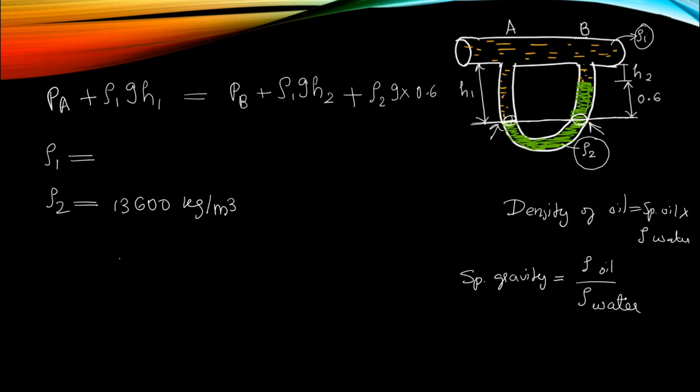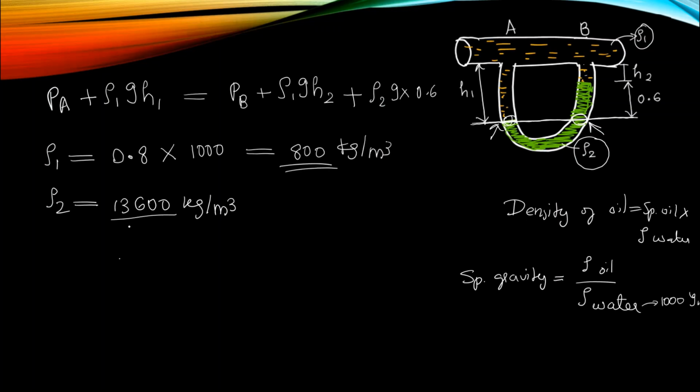Here the standard fluid is water. We all know the density of water is 1000 kilogram per meter cube. So density of oil is 0.8 into 1000, which is 800 kilogram per meter cube.